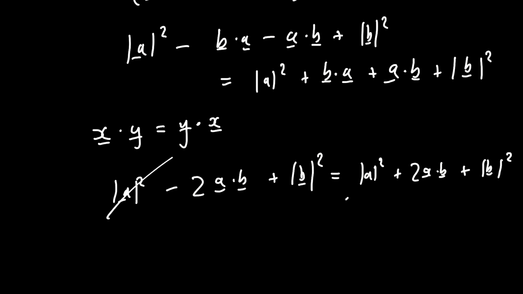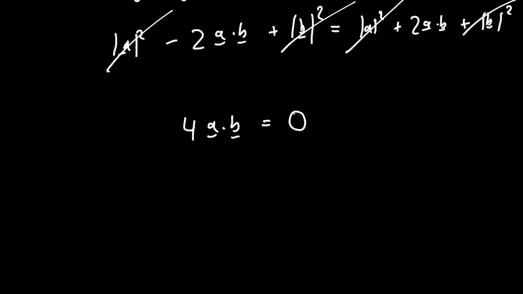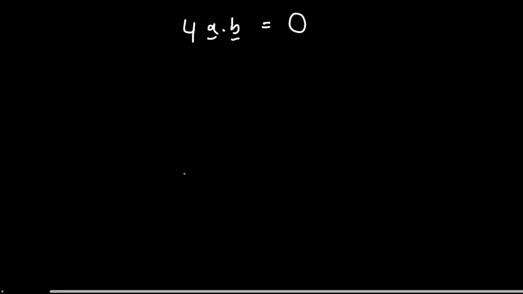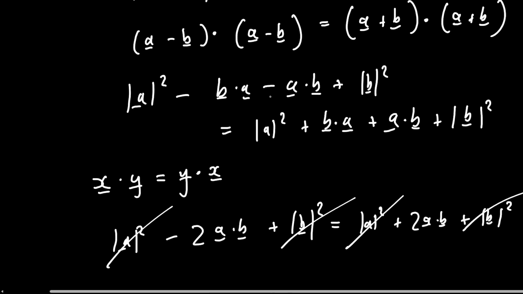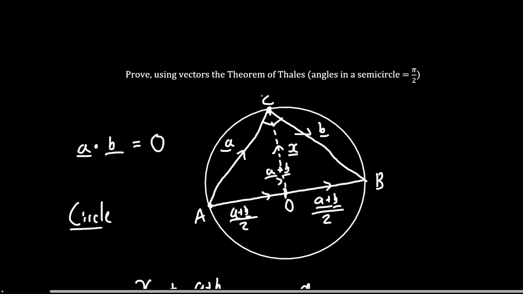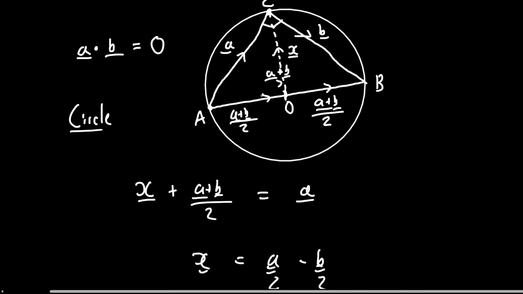Now, I'll get rid of the terms here, and then arrive at this expression, 4 A dot B equals 0, and we arrive at A dot B equals 0. And so we've proved it. We've proved the circle theorem, and there's a million other ways we can also prove the statement, but we did it one way using vectors.